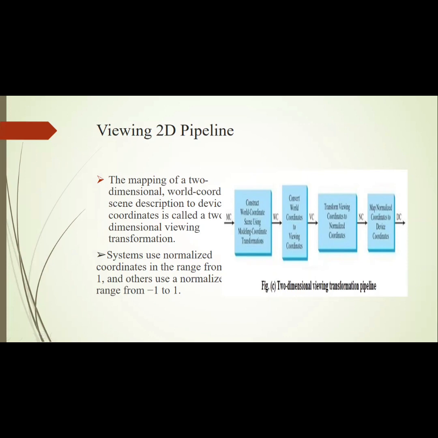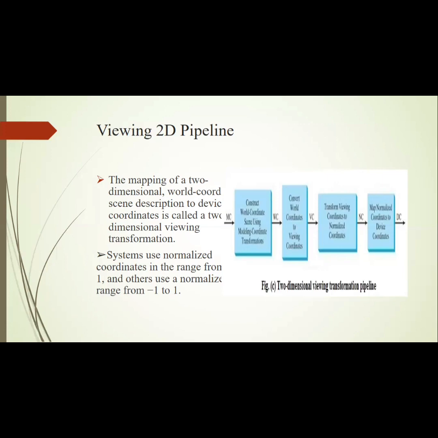The world coordinates are then converted into viewing coordinates. Again, we transform the viewing coordinates to normalized coordinates, and the normalized coordinates are mapped to device coordinates. At that point, we get the 2D pipeline.